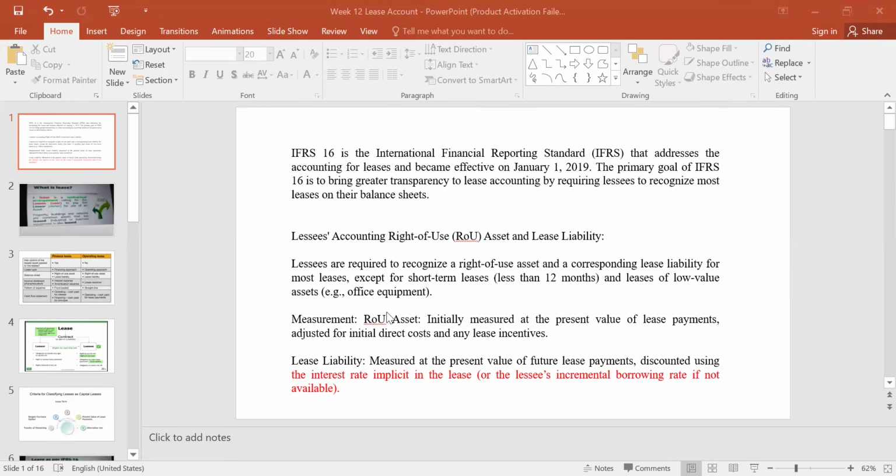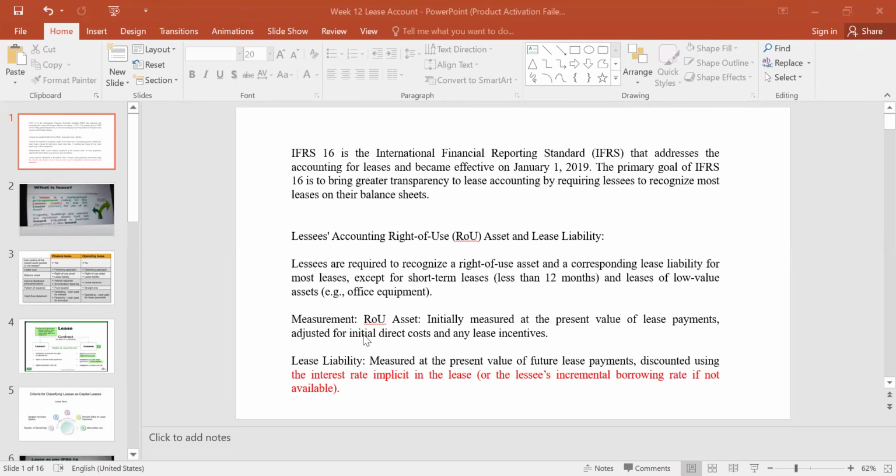Here there are two parties, one party is the lessor, another party is the lessee. In this case, the lessor must give the right to use the asset freely, without any condition. So this is the fact.